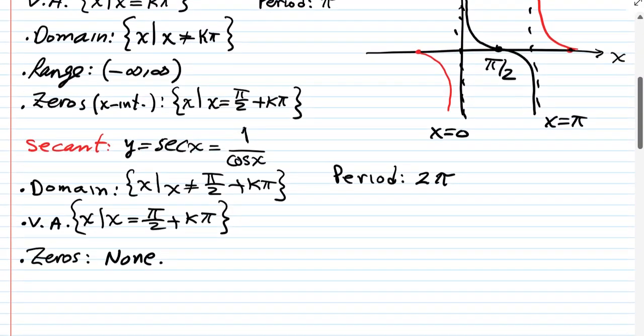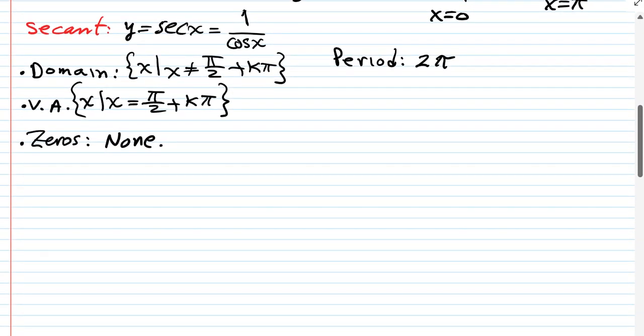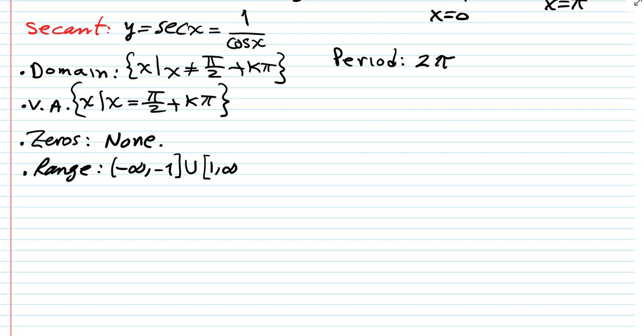The period of the secant function is just like cosine, 2 pi, and we talked about the domain and the zeros. The range of this, I'll show you on the graph again, but we did this range earlier when we first discussed the secant function: negative infinity to negative 1 and 1 to infinity, including 1.